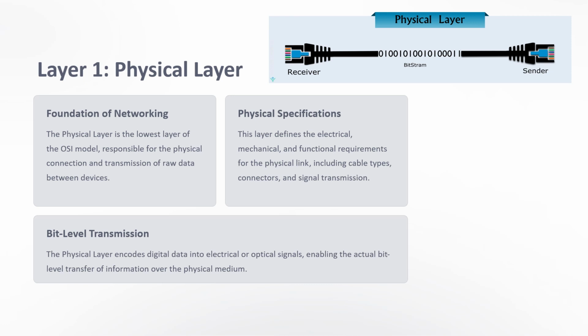It also defines how devices are connected physically, in the sense that it defines the topologies, like star and bus topologies, which we have studied earlier. It also manages the direction of the data, whether it is simplex, half duplex, or full duplex.